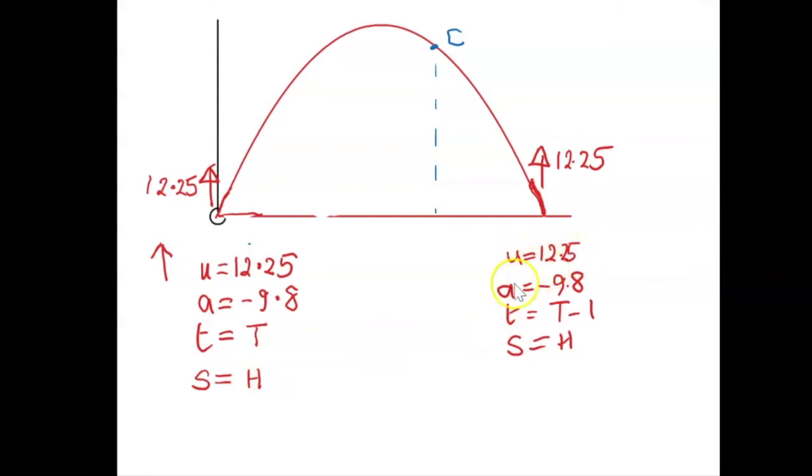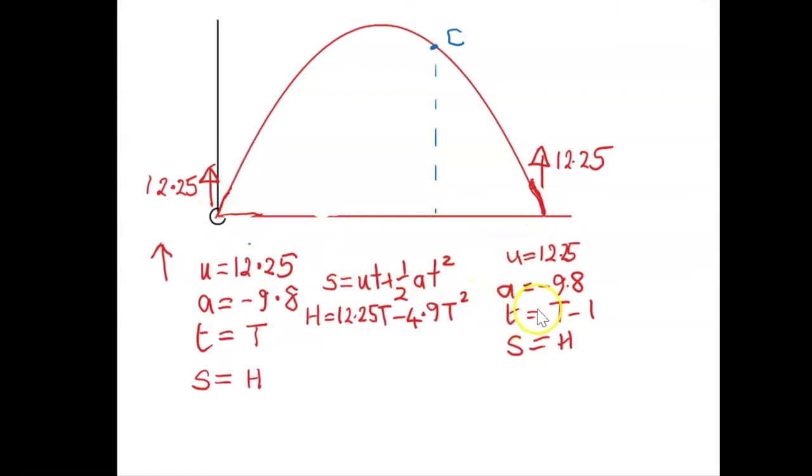Using s equals ut plus half at squared, h is equal to 12.25t minus half of 9.8, which is 4.9, t squared. So that's looking at the particle at A.